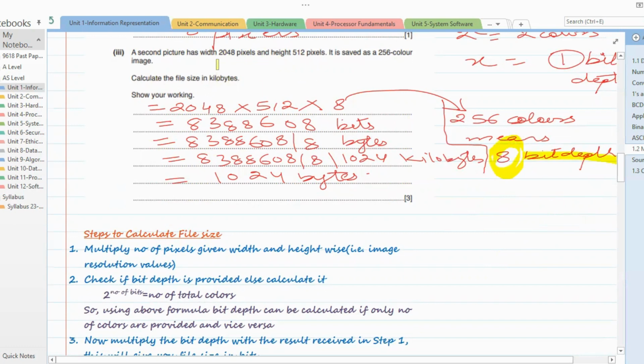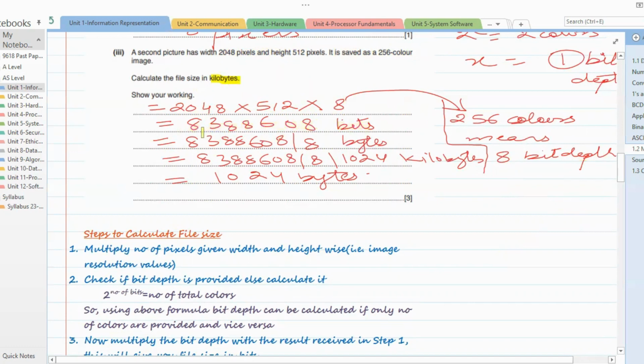Now you have to calculate the file size in kilobytes. First of all, multiply 2048 into 512, and multiply it with the bit depth, 8. That is what we have done here: image resolution into bit depth or color depth. This gives you the answer in bits. Now they have asked you to calculate in kilobytes.